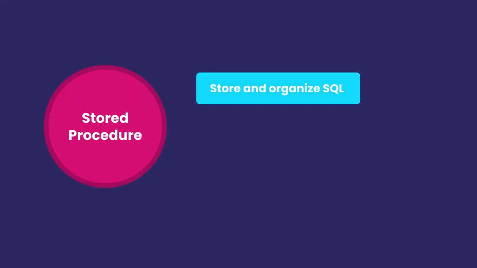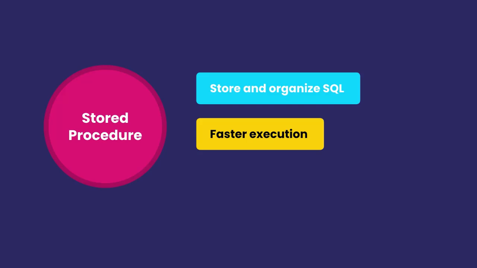But stored procedures have other benefits. Most database management systems perform some kind of optimization to the code in stored procedures. So the SQL code in stored procedures can sometimes be executed faster. Also, just like views, stored procedures allow us to enforce data security.